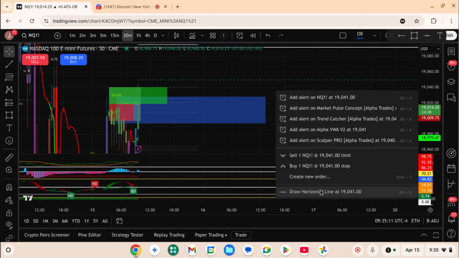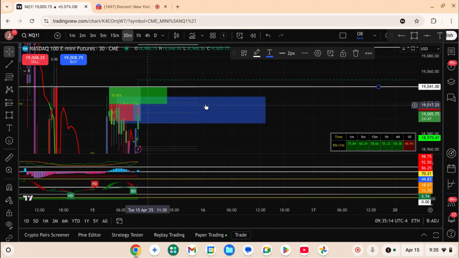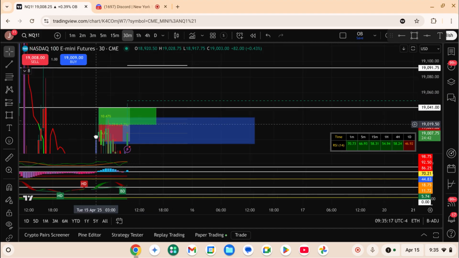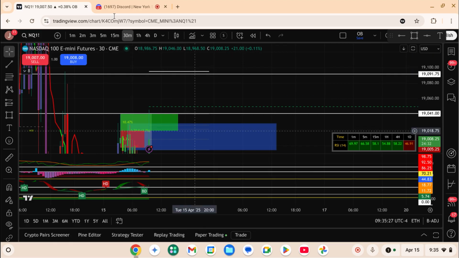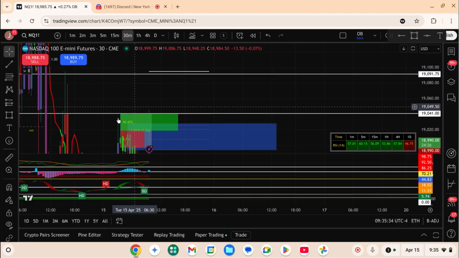Let's do that. So we could enter on a break above this white line at 19,038, and we'll target this white line here, 19,090.